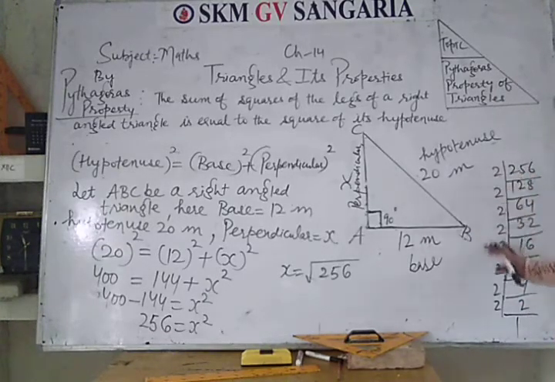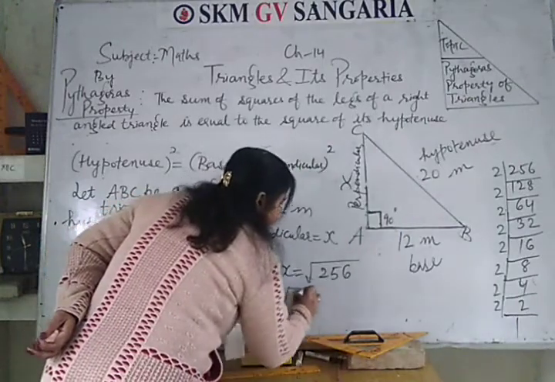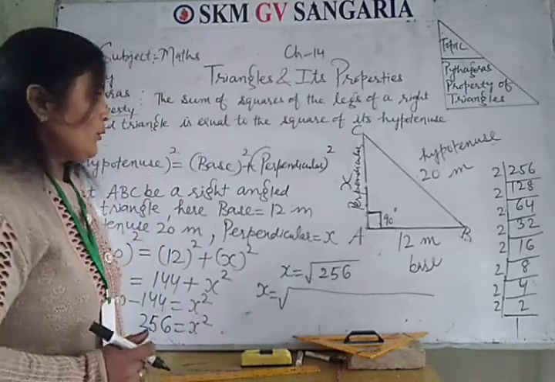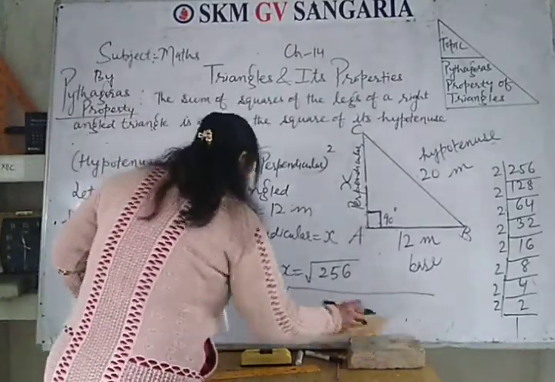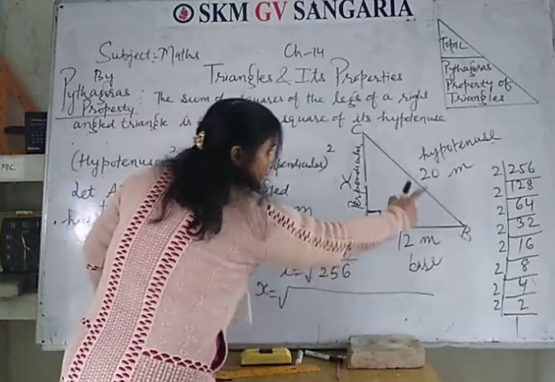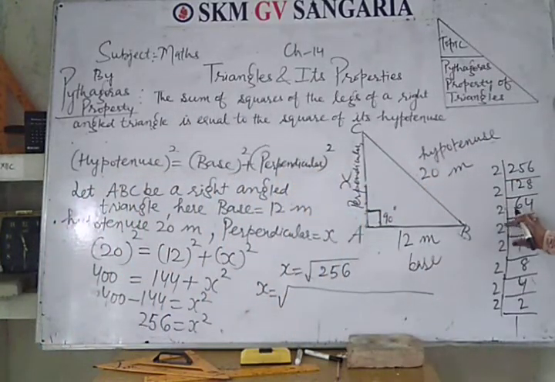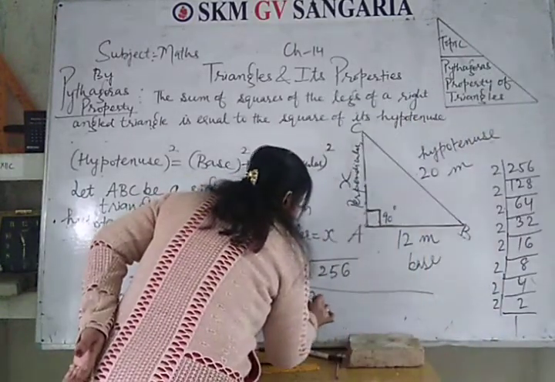Okay. Now, it can be written as, because you haven't learnt about square root, be careful how to do this. 2 is written how many times here in this prime factorization form? 2 is multiplied 8 times.